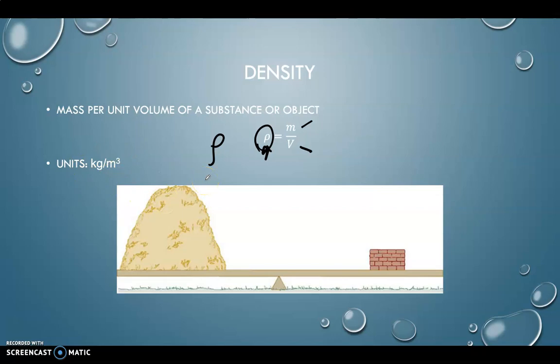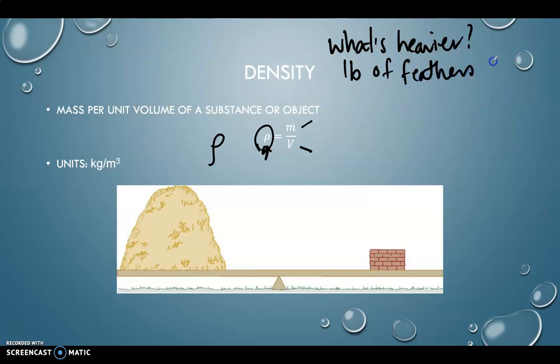And I have this picture here, and this is to show you what density is. It kind of helps you get the idea. So that classic question of what's heavier, a pound of feathers or a pound of bricks.